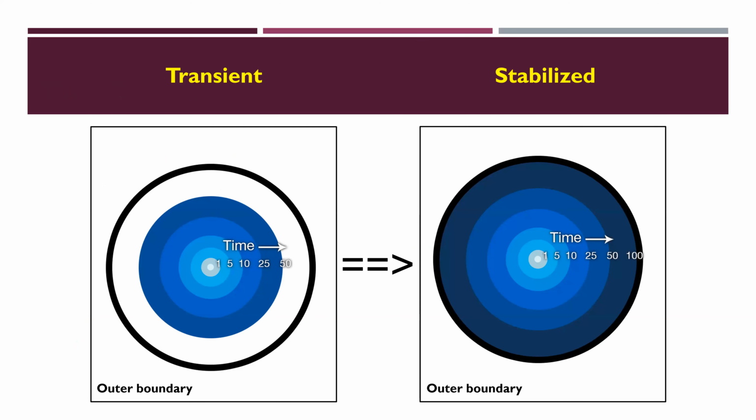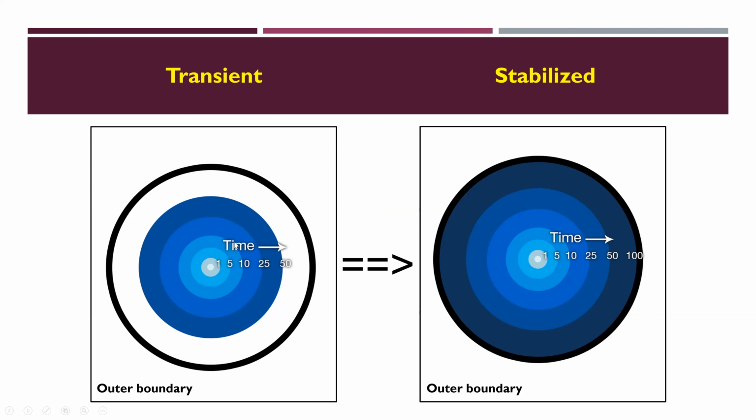Here we go. This is just to make it easy. What is exactly the real difference between transient and stabilized? Consider this black circle here, which represents the outer boundary. During the transient, we don't feel this outer boundary. The pressure response still represents the reservoir itself.